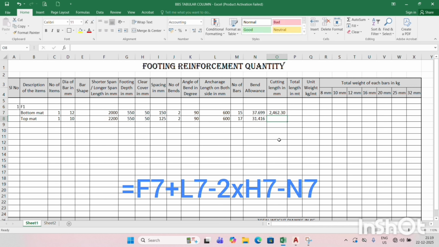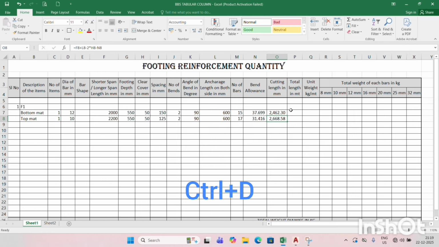This is the cutting length. Cutting length is coming in mm. For the same formula down, select over here and press Control D. The same formula comes over here.